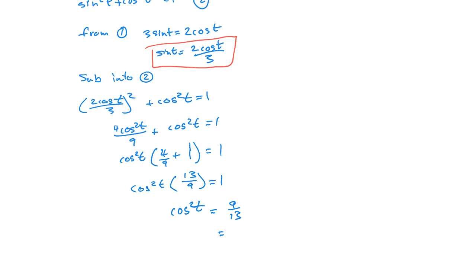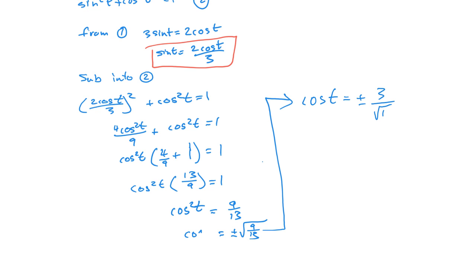And then you solve for cos t, which ends up being plus or minus the square root of 9 over 13, so cosine of t is equal to plus or minus 3 over the root of 13.